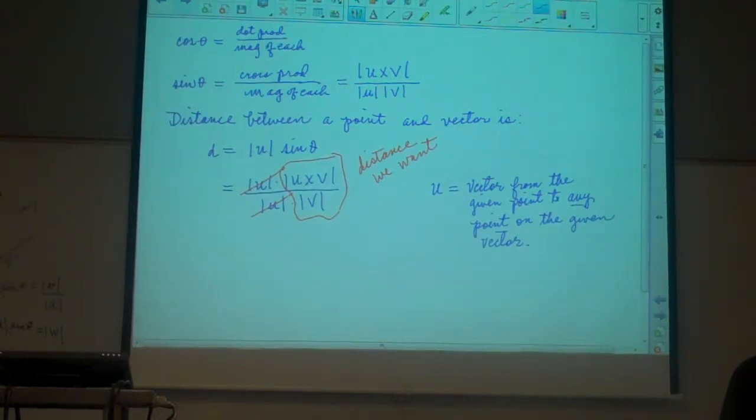How would you do that? How would you find a point on that vector? You find a point that would satisfy that vector equation, right?